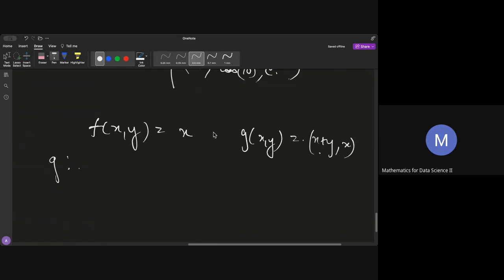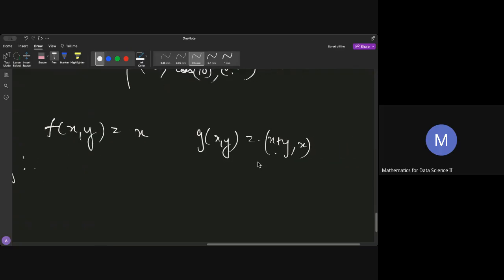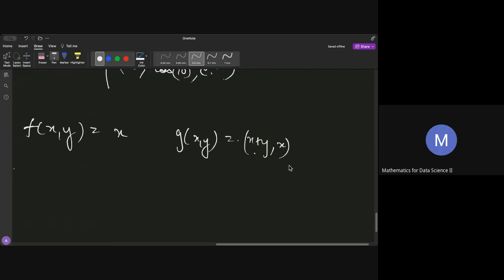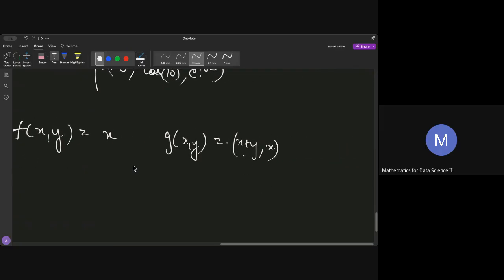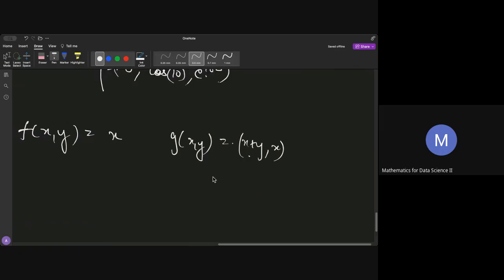Now can I find the sum of these two functions? Do you think we can construct a valid addition for these two functions? Can we define addition for these two functions?